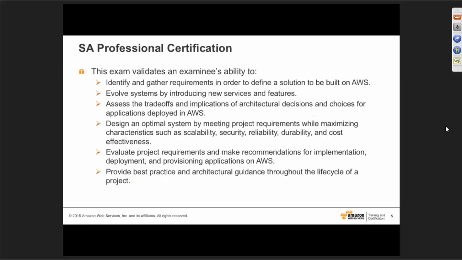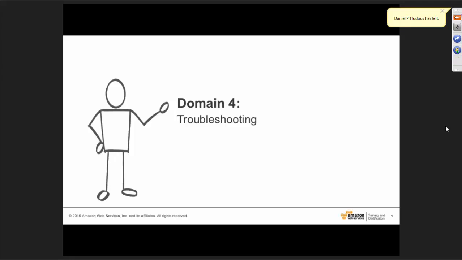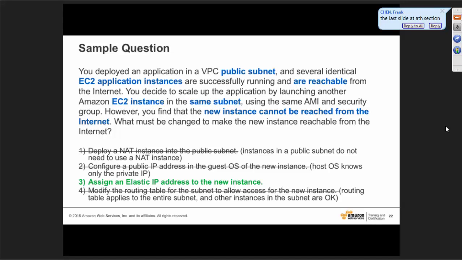Right before wrap up and future. Let me see. So wrap up and future was this. So do you mean the prior section, Frank? Yeah, okay. So the prior section was a sample question. So it was most likely this sample question?